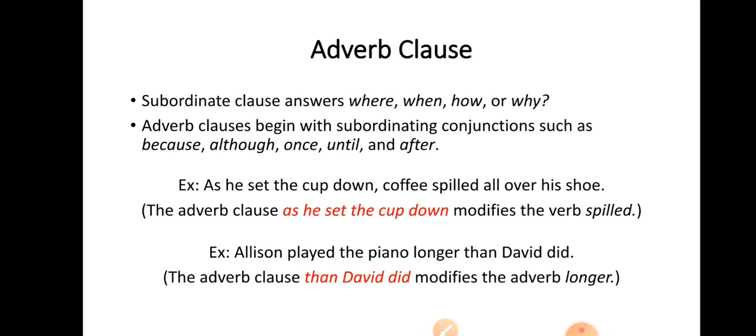So, a clause or a subordinate clause which does the role of an adverb is called an adverb clause, right. An adverb subordinate clause answers the question words where, when, how or why. Adverb clauses begin with subordinating conjunctions such as because, although, once, until and after.